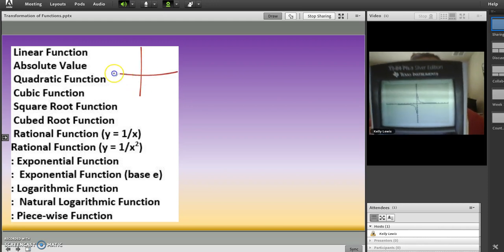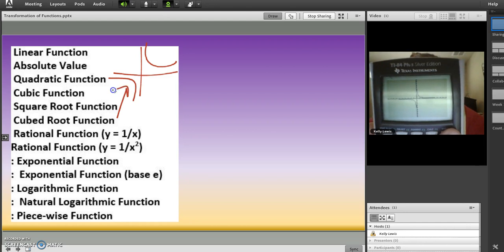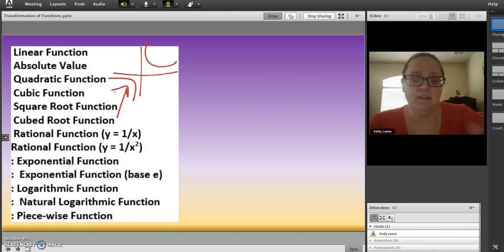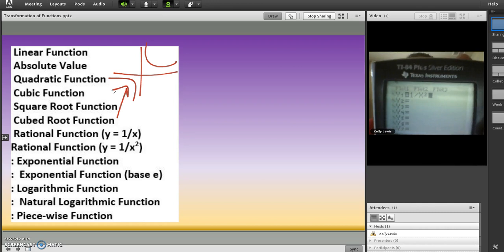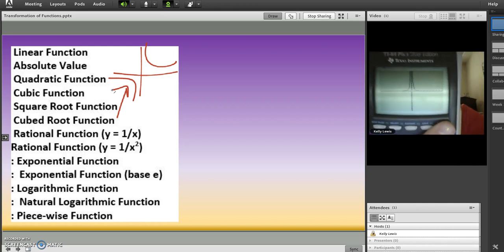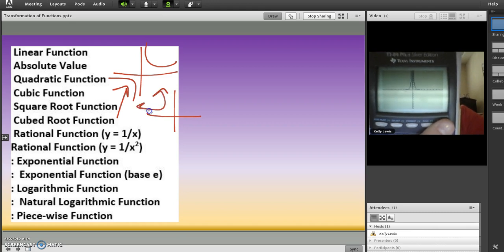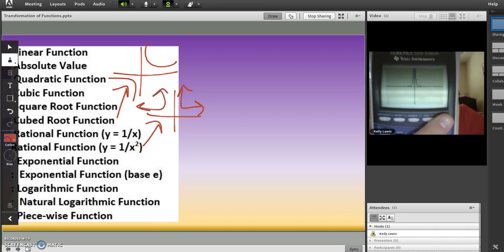So rational is this one. 1 divided by x squared is this one.